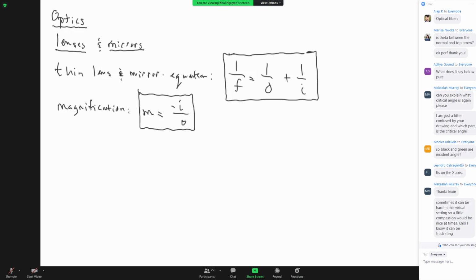All right, let's take a look at what each one means. F is your focal length. O is the object distance from the device. I is the image distance from the device.